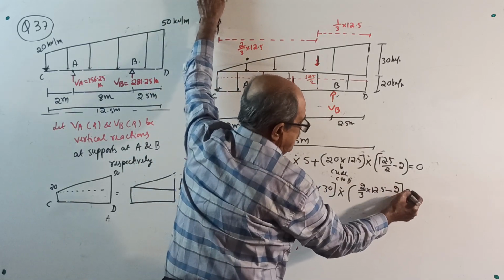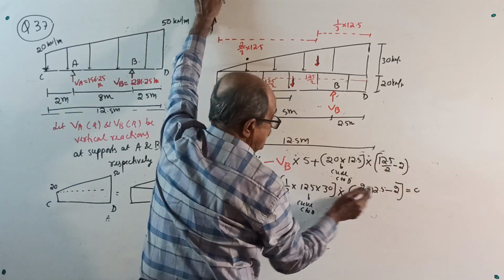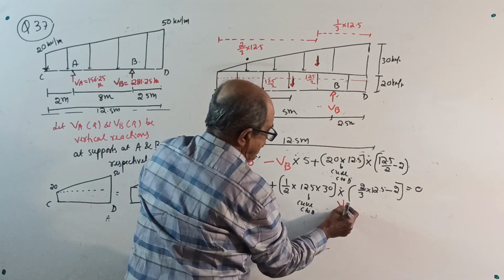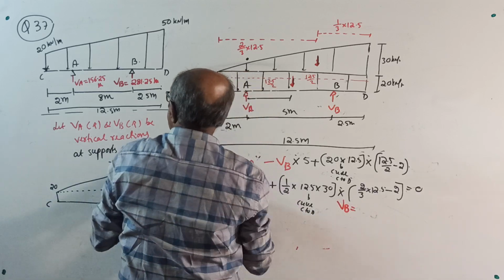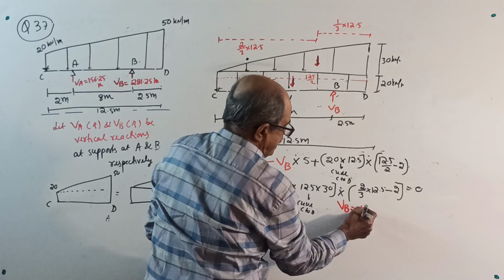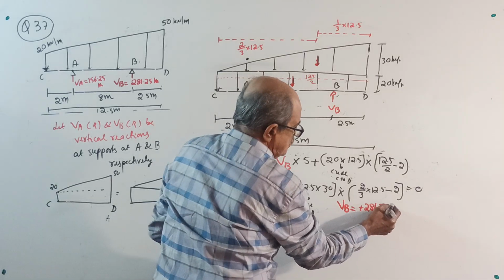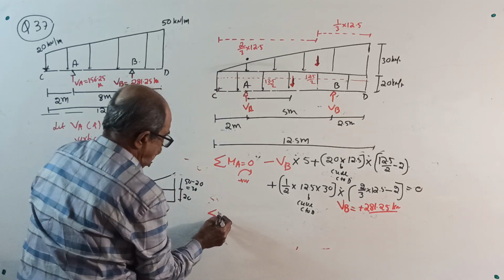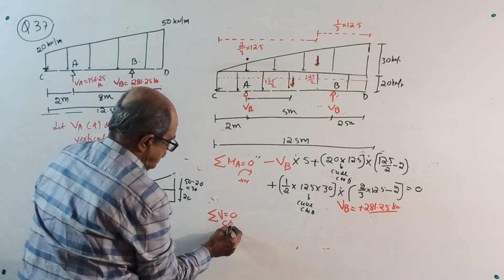Equal to 0. You will get the value of VB, plus 281.25 kilonewton.